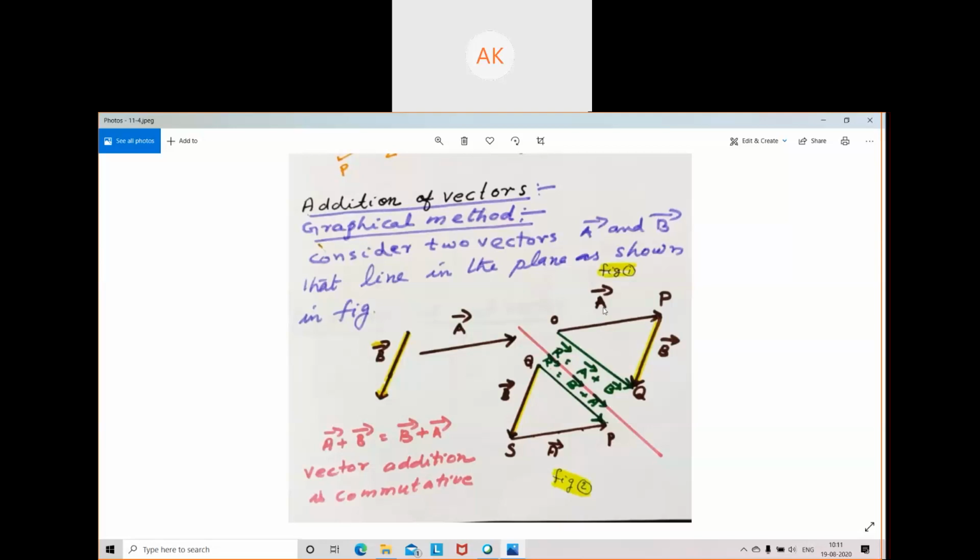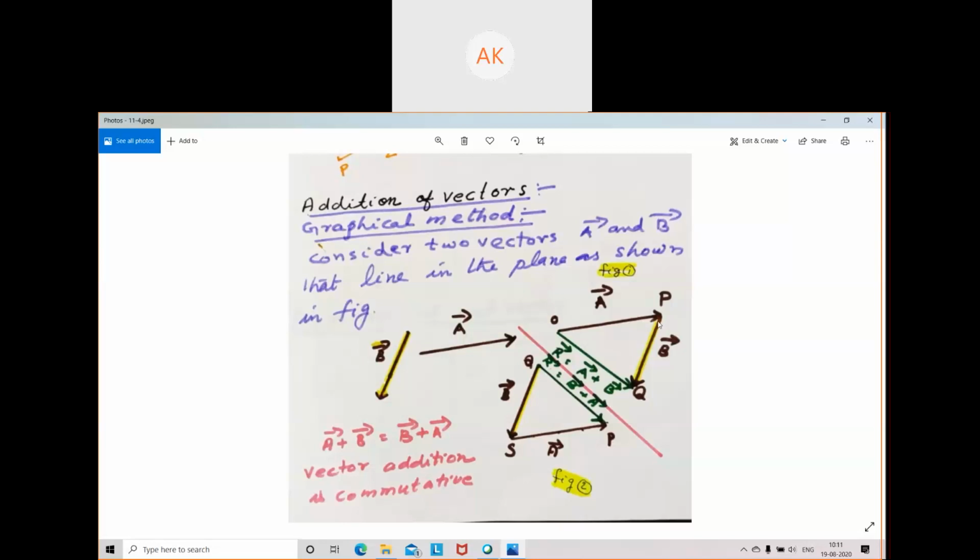Next part, A plus B is asked. So vector B we have to keep at the tip of vector A. This is the tip of vector A. The tail of vector B is kept at the tip of vector A. Suppose this is 4 centimeters, and its direction also we know. So at the tip of vector A, you have to draw a 4 centimeter length vector.